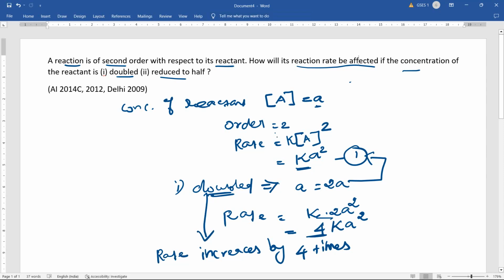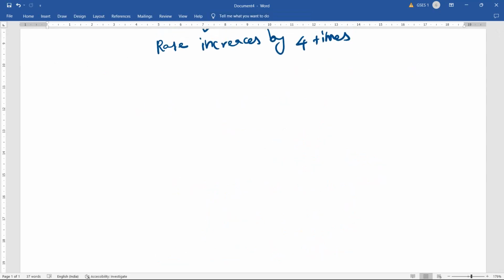Okay. Then, second case. What happens to the rate when the concentration is halved?